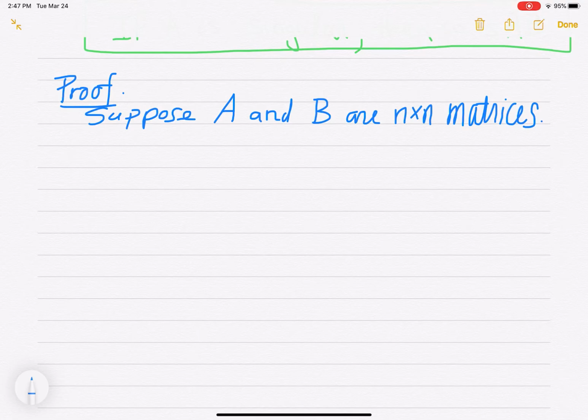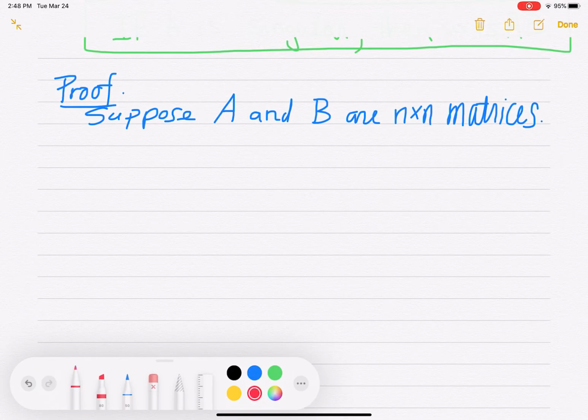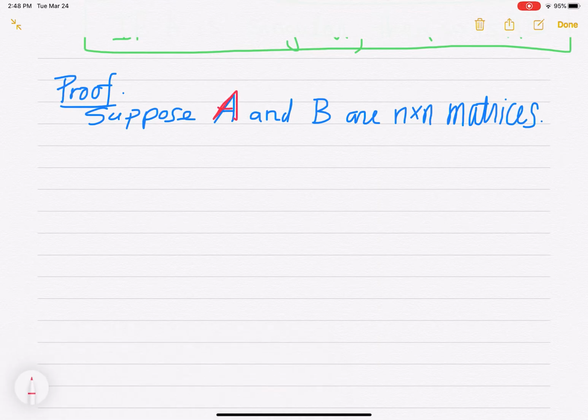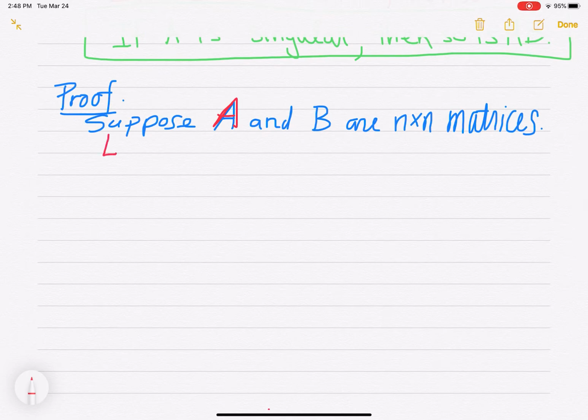And there are two possible outcomes with A. Let's just focus on A right now. Either A is invertible or A is singular, one or the other.